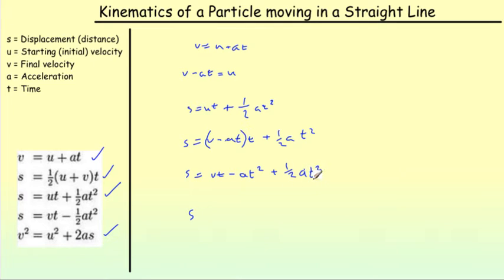So they're common like terms, at squared and at squared here. So minus a whole at squared plus a half at squared is minus a half at squared. So that simplifies down to S is equal to vt minus a half at squared. And that's our final SUVAT equation.